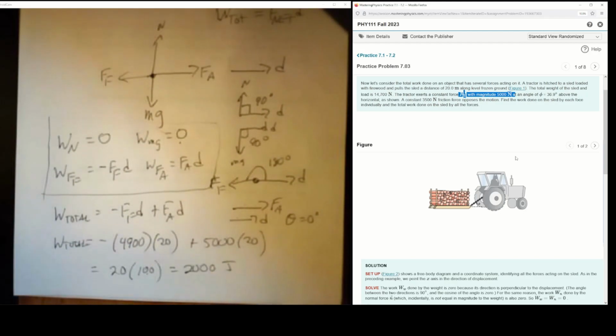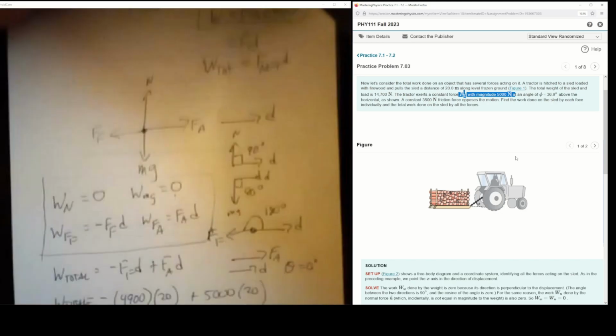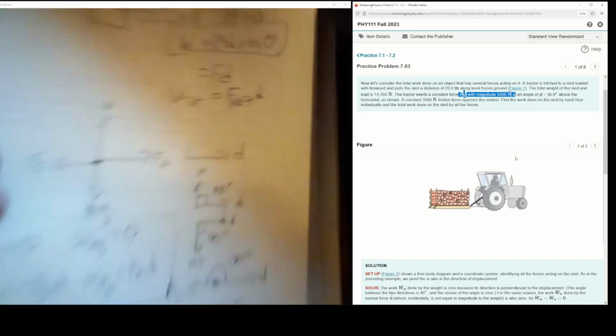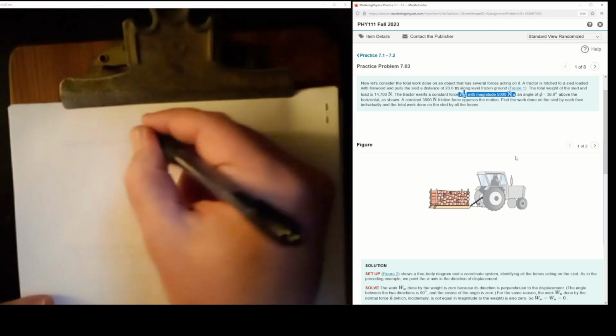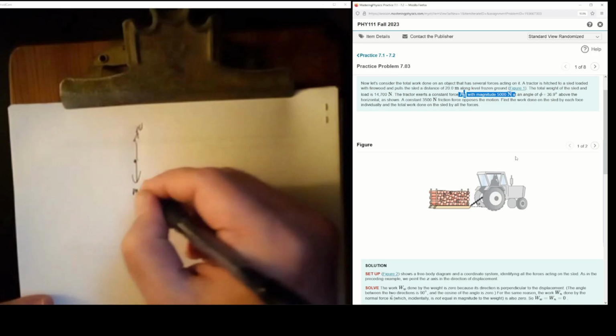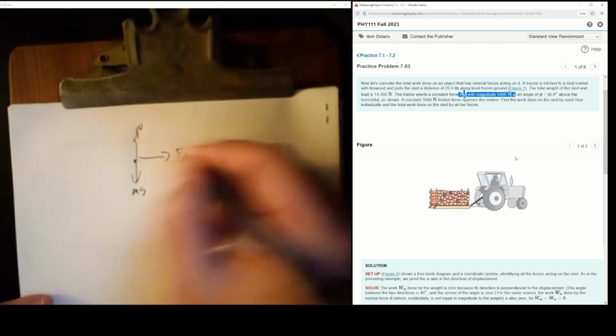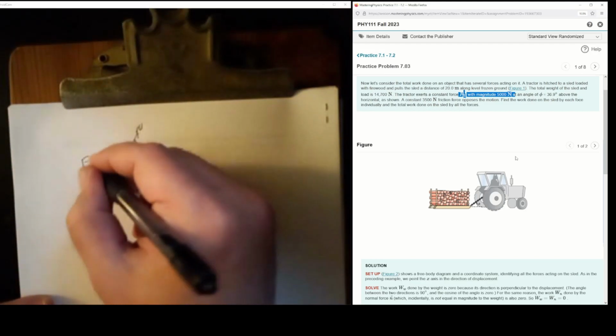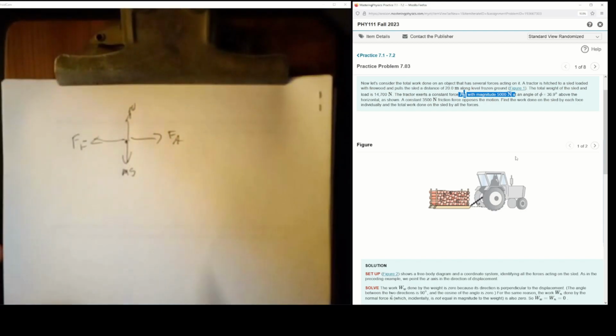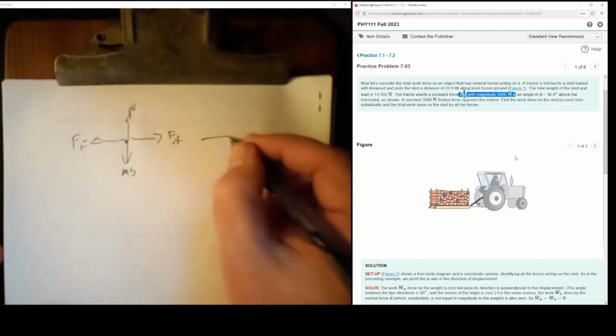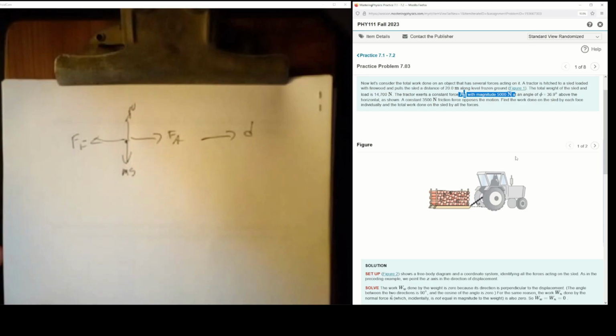Now we can also get this by looking at the net force. So let me just show that. So 2,000 joules, our answer there, and that means we should get the answer again. So let me just draw the free body diagram really quickly. Force applied, force of friction. So we know our motion is to the right. That's our displacement.